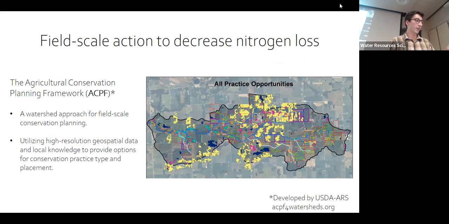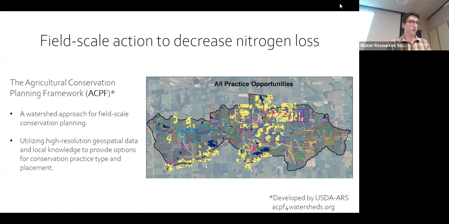There are tools like the Agricultural Conservation Planning Framework, ACPF, which is an important part of our work, that provide this watershed approach for field scale conservation planning. So the ACPF uses high resolution geospatial data along with local knowledge to provide options for conservation practice type and placement. And this map shows an example output of ACPF in a watershed.